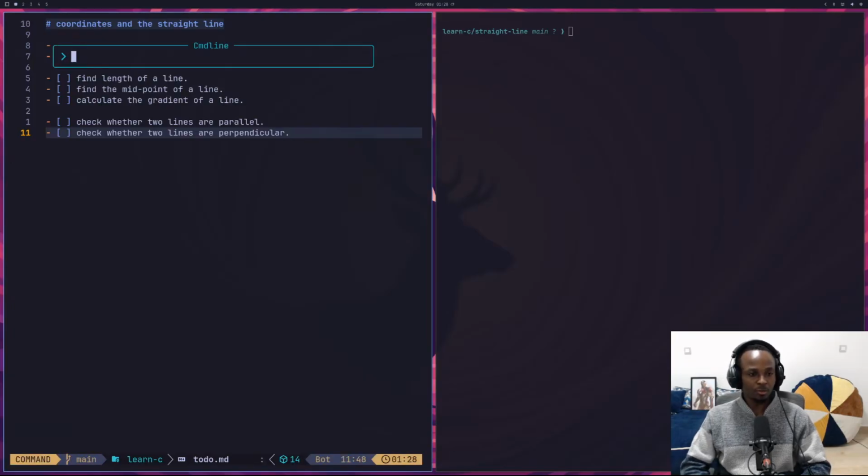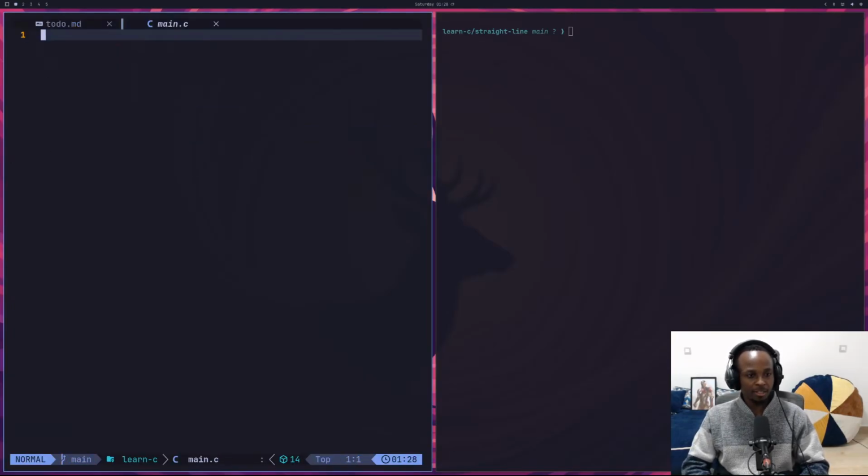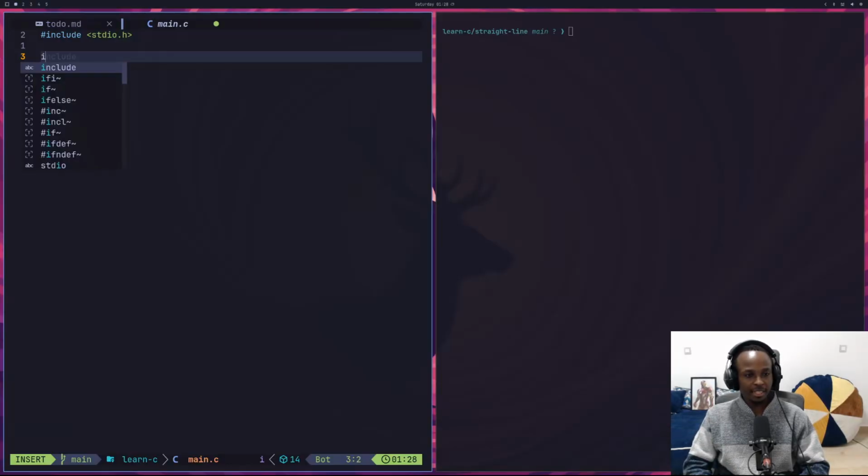So let me create main.c. Let's start by including stdio. I'm probably going to do a lot of printing. And then let's define the main entry point for this program. So we'll say int main.